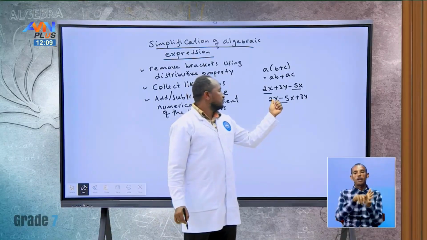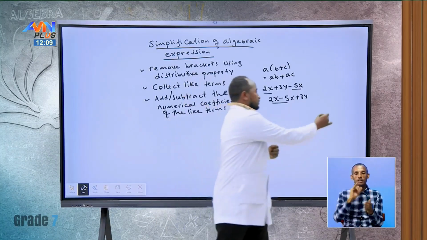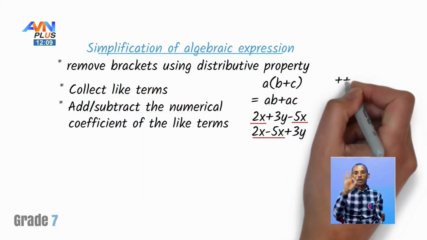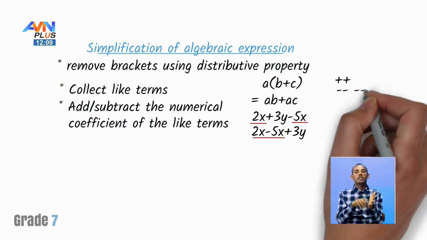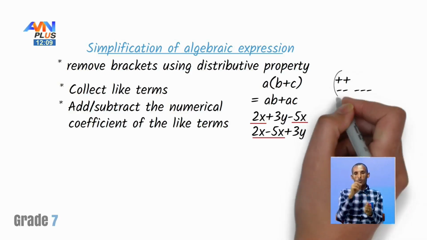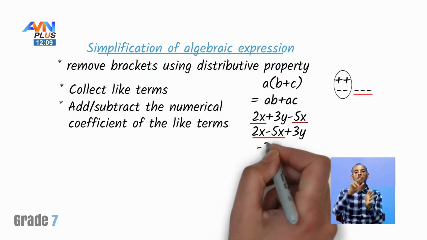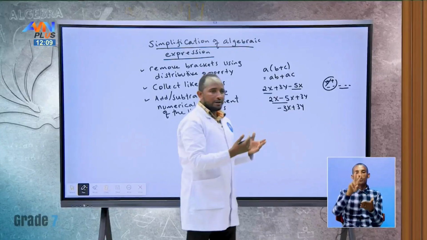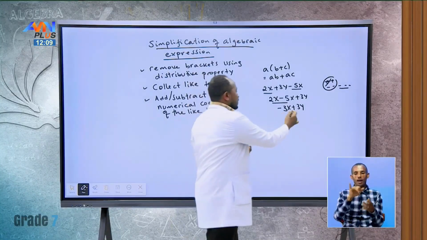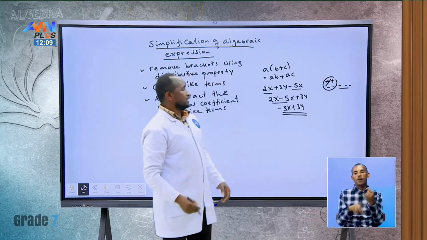You have 2 positives and 5 negatives. These 2 cancel out, you have minus 3. Therefore, the sum is minus 3x plus 3y. These two are not like terms, so you cannot add them. The final simplified answer will be minus 3x plus 3y.